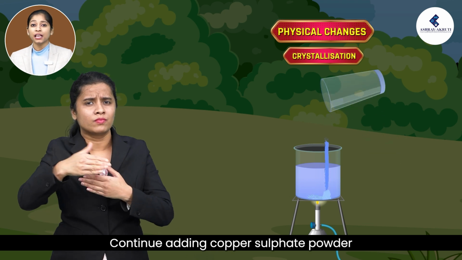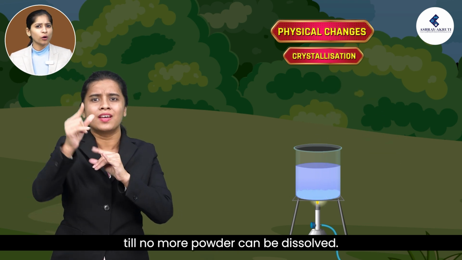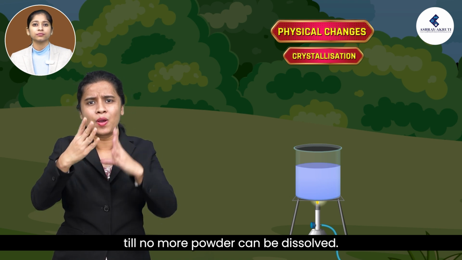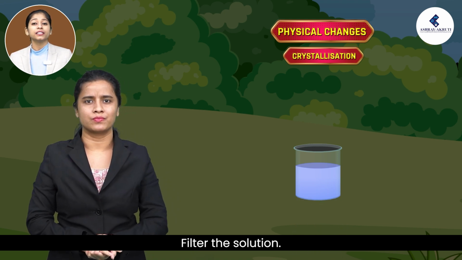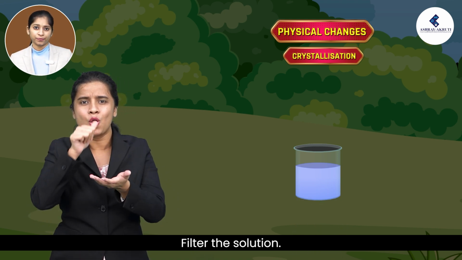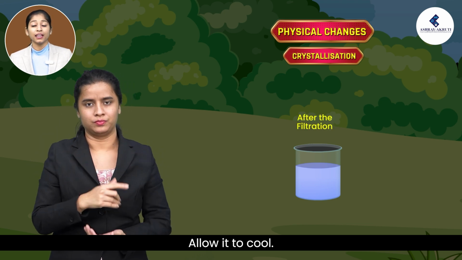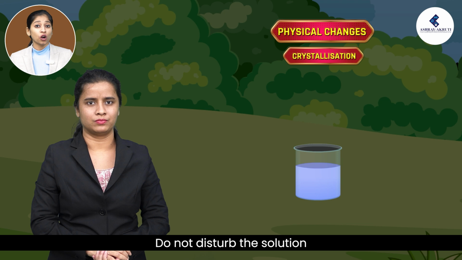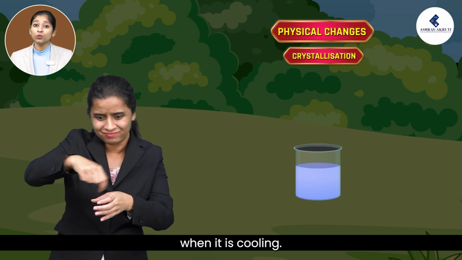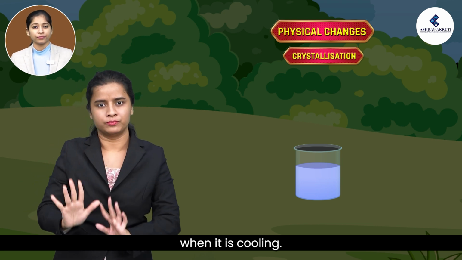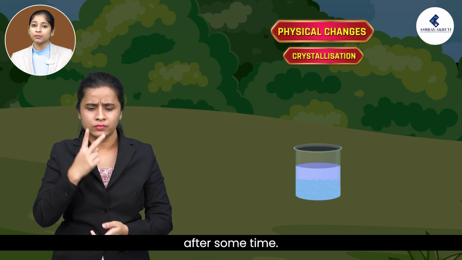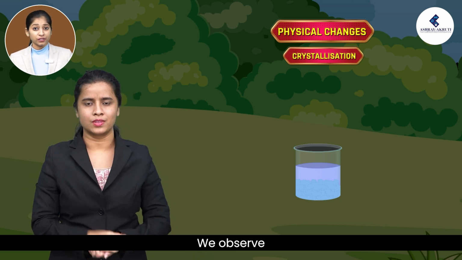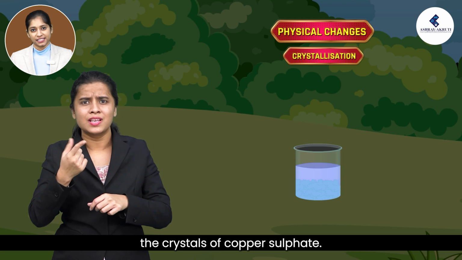Continue adding copper sulfate powder till no more powder can be dissolved. Filter the solution. Allow it to cool. Do not disturb the solution when it is cooling. Look at the solution after some time. We observe the crystals of copper sulfate.